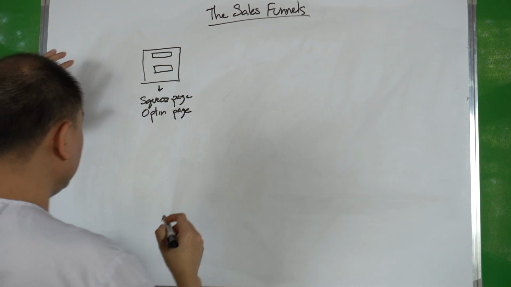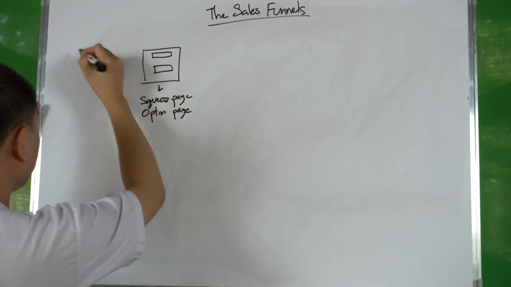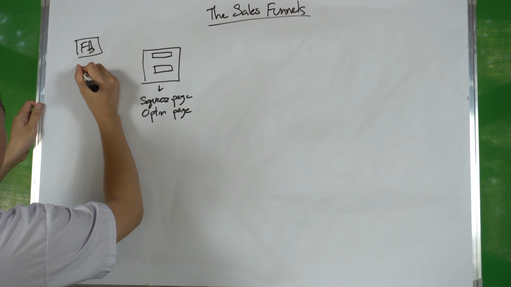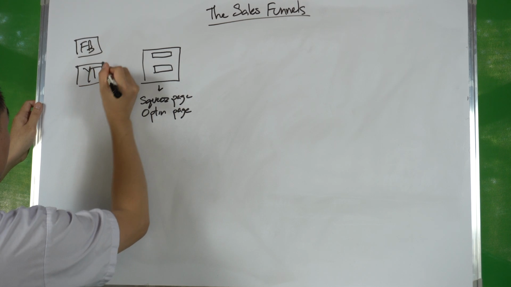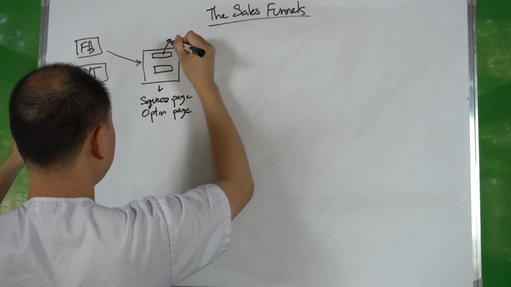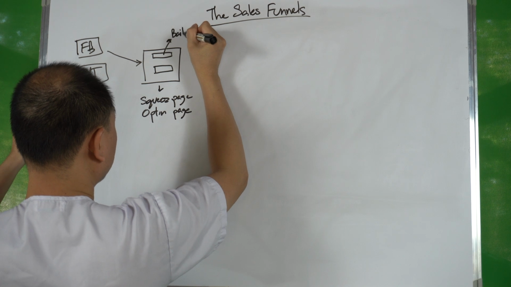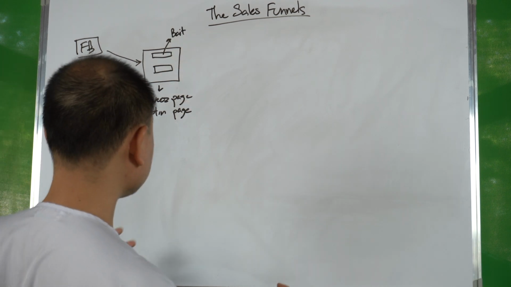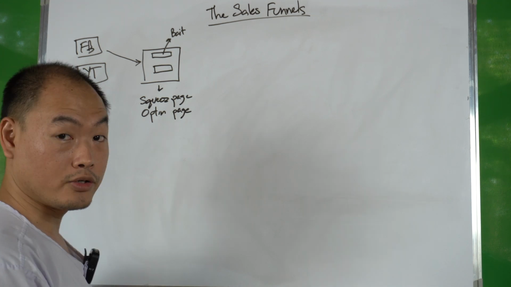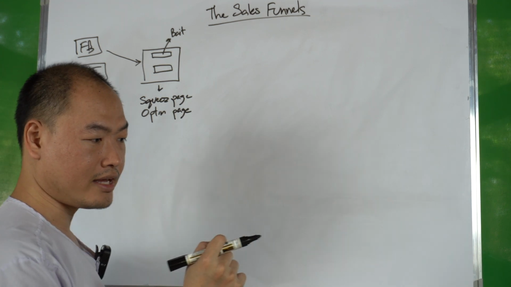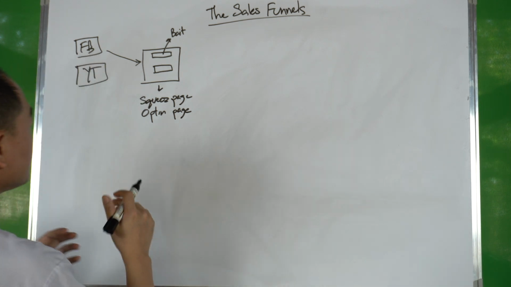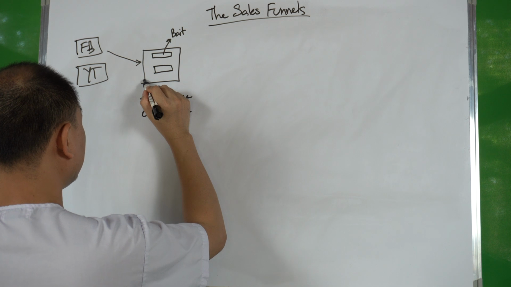So that we can bring people in from, let's say, Facebook and YouTube, and then we lead them here using a bait. It could be an ebook or a mini course or some other services that you can provide to your potential customers so that they can get a glimpse of what it is. It must be something related to your product that you want to promote, okay?